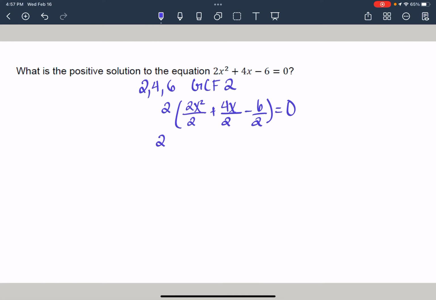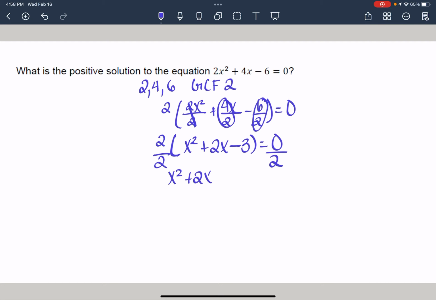So this leaves me with 2 times 2 over 2 will cancel, giving me x squared. 4 over 2 is 2. And then I have that x minus 6 over 2, which is 3. And that equals 0. So now what I'm going to do is divide both sides by 2. And that gives me x squared plus 2x minus 3 equals 0.